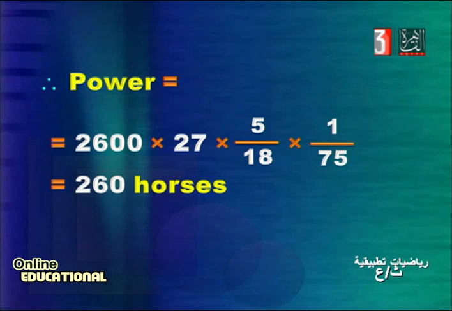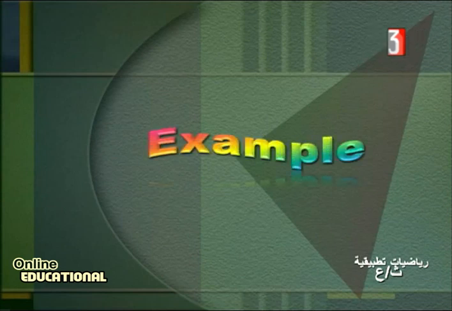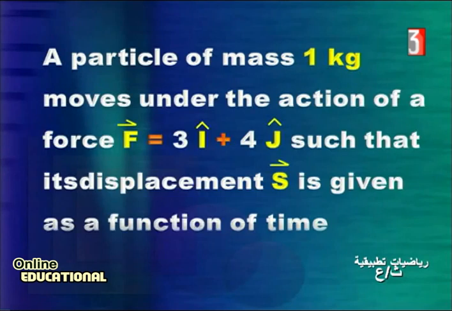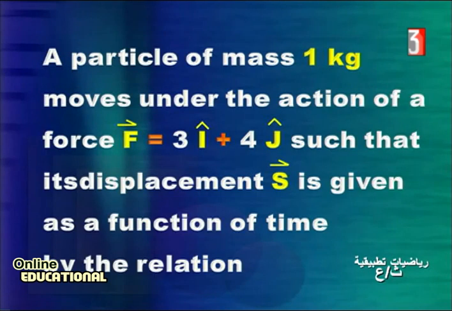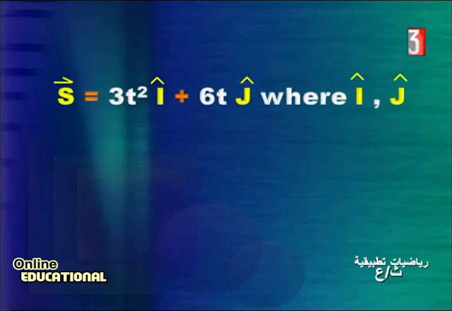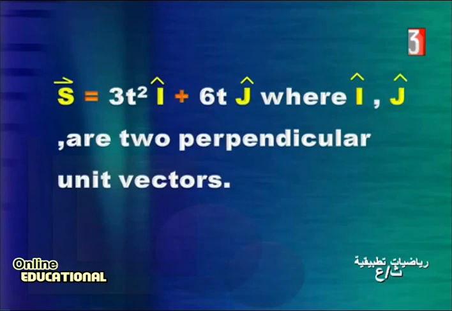Another example. A particle of mass 1 kilogram moves under the action of a force vector F equals 3i plus 4j such that its displacement vector S is given as a function of time by the relation vector S equals 3t² i plus 6t j, where vector i and vector j are two perpendicular unit vectors.